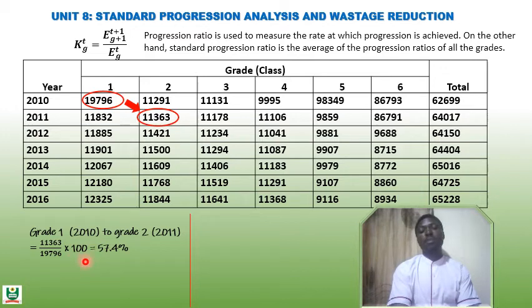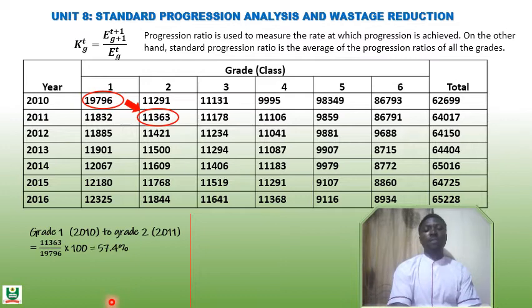Then multiply the results by 100. We'll have 57.4%.